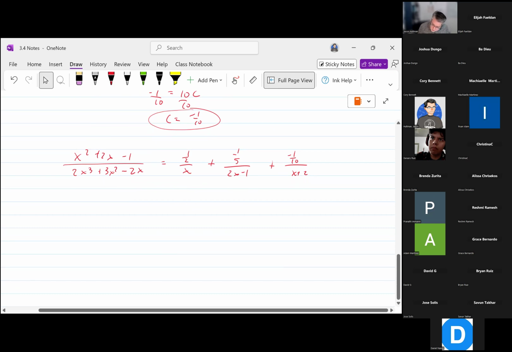So this tells me that when I integrate, I'm going to bring that 1/2 in front. And so the 2 gets dropped down onto the bottom.